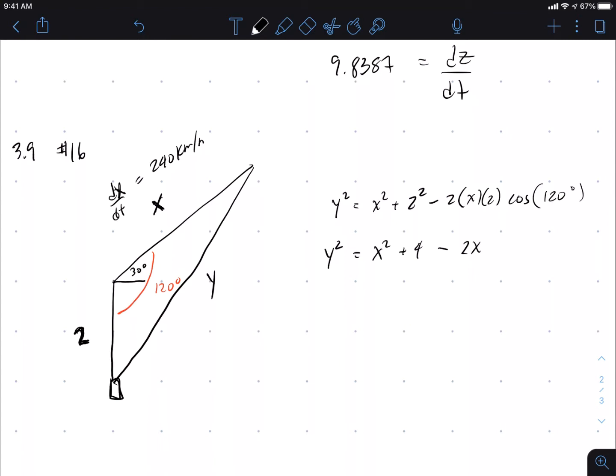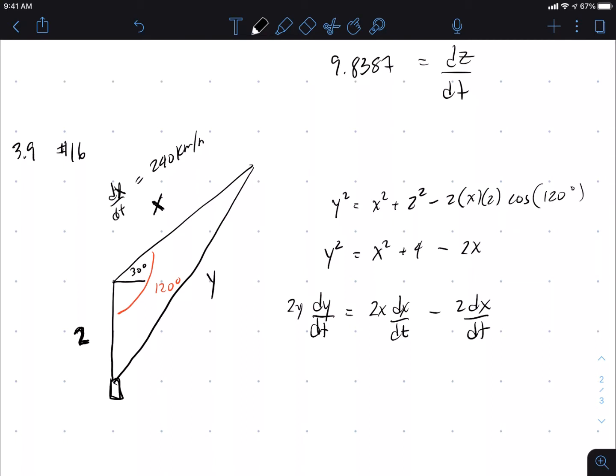Okay. So then when I take the derivative here, I'm going to go 2y dy/dt is equal to 2x dx/dt minus 2 dx/dt, right? Because I have to do the implicit piece. Does that make sense, Sophia? Yes. Okay.